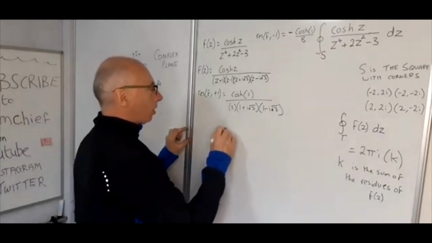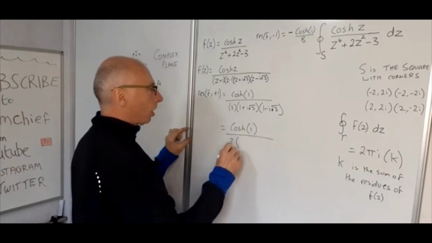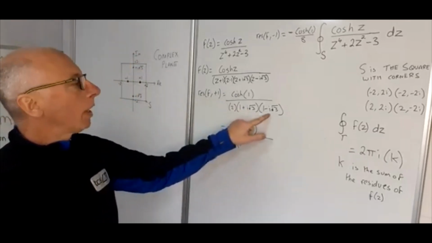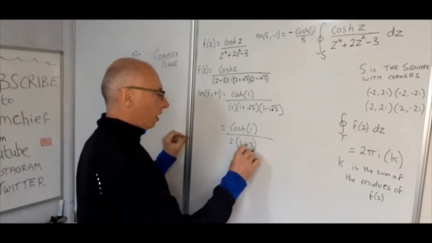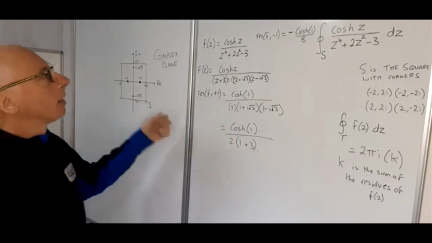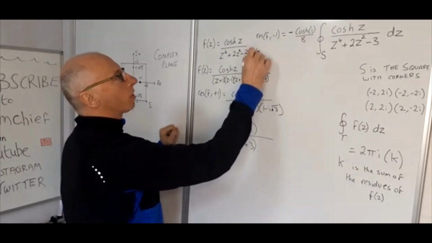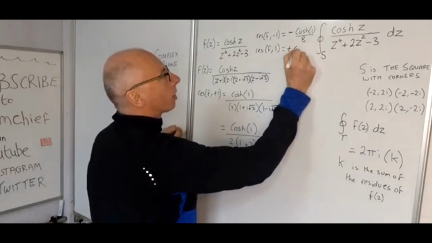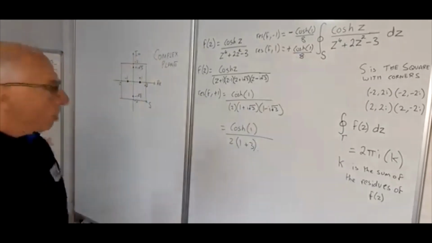So we know that this then becomes cosh of 1 with 2 times, 1 times 1 is 1, no problem. Then the i root 3 and the minus i root 3, from before we knew that that becomes plus 3. So this residue now is cosh of 1, 2 times 1 plus 3, which gives us 8. So basically it's the different sign for this first one. So the residue of f at 1 equals positive cosh of 1 over 8. So that's the first two residues taken care of.